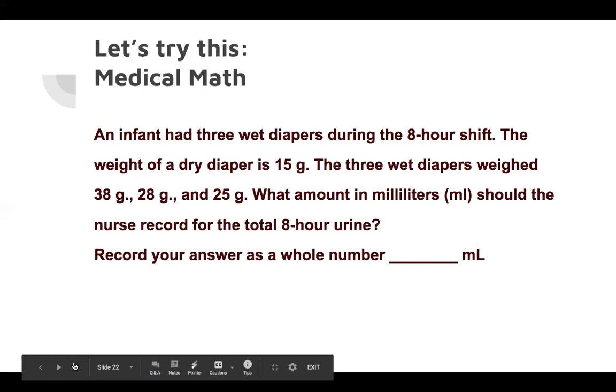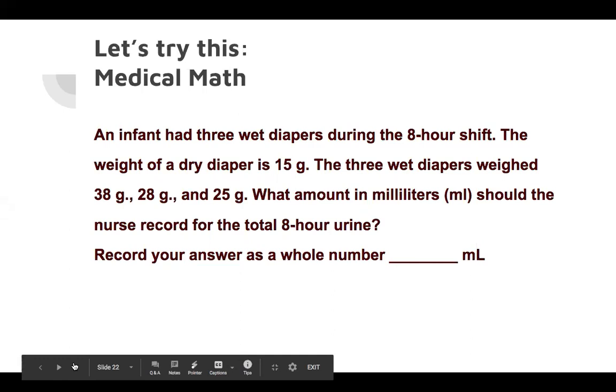So what we need to do here is set this up with all of your weighed diapers. So you have 38, 28, and 25. You need to subtract the weight of the dry diaper from each of those diapers. So 38 minus 15, 28 minus 15, 25 minus 15, and then add that number up.